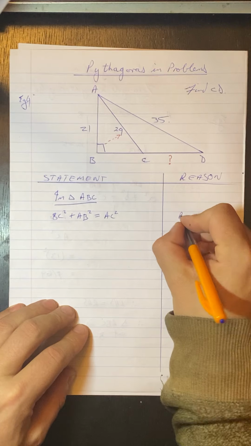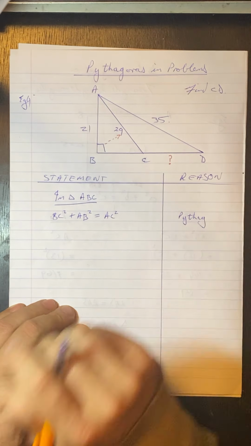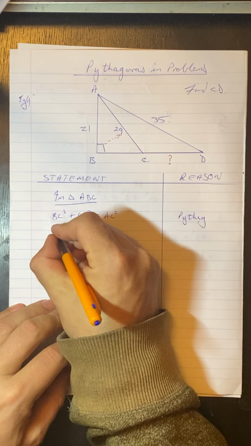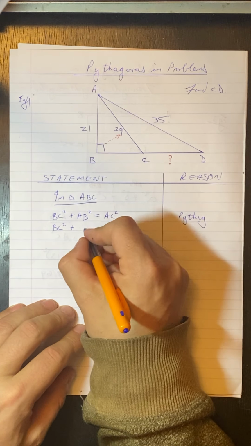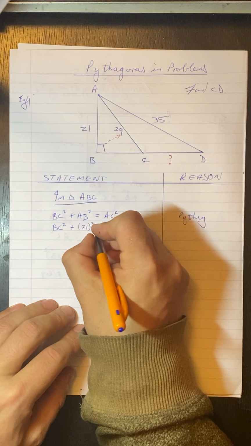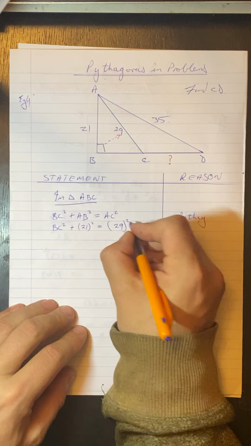My reason for this, Pythag. Substitute my values in. So BC we don't know, so I'm going to leave it as BC plus AB is 21 squared equals AC is 29 squared.